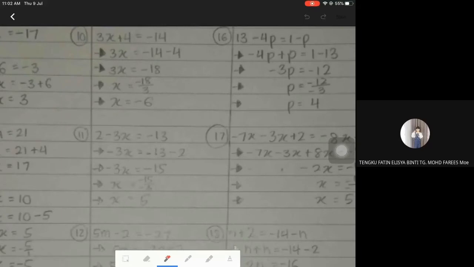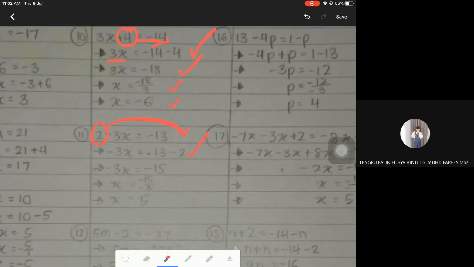So Husna remain the 3x on the left side, but she brings the plus 4 to the left side. Okay, betul. This is more systematic. Okay, number 11. She brings the 2 to the right side. Jadi negative 13 minus 2.